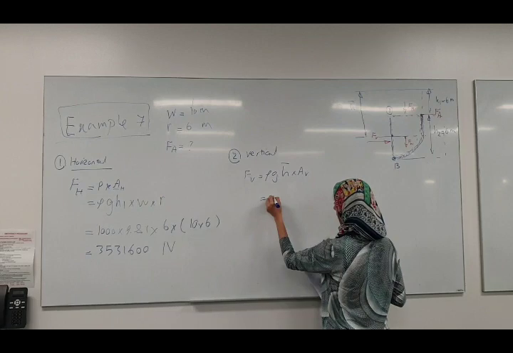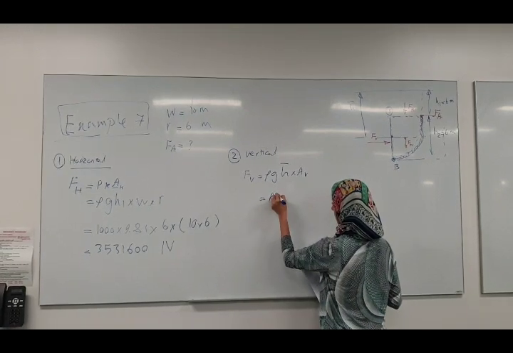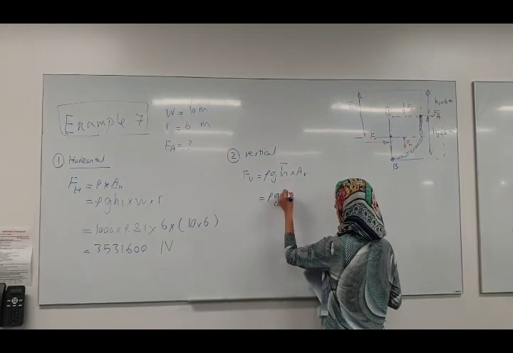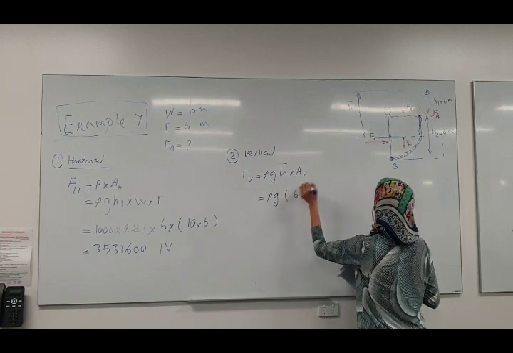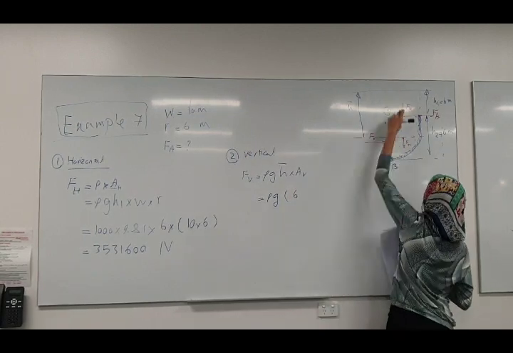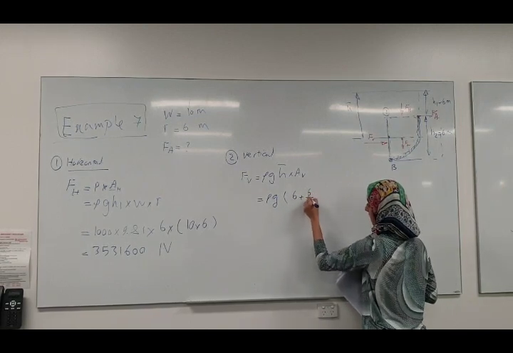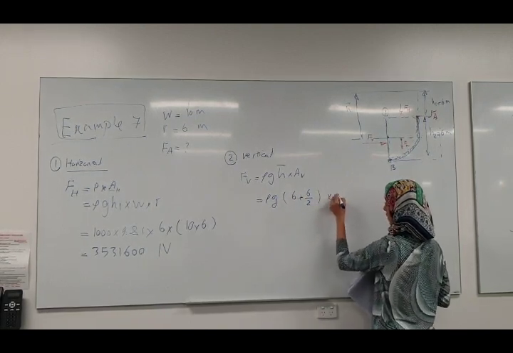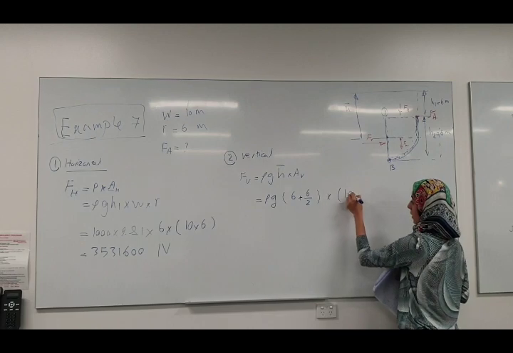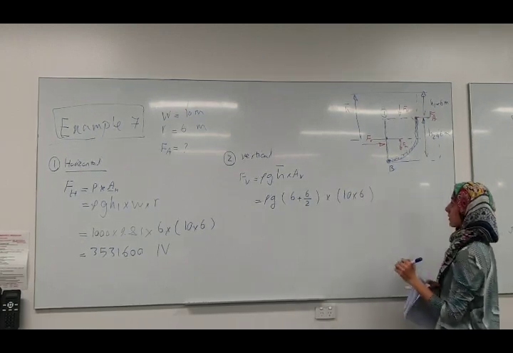So it will be rho g, and h bar is 6 meters up to here, and this one is 3 meters, times the area, which is 10 times 6.